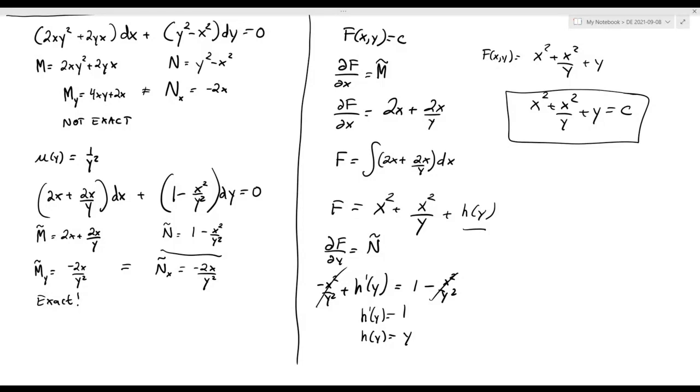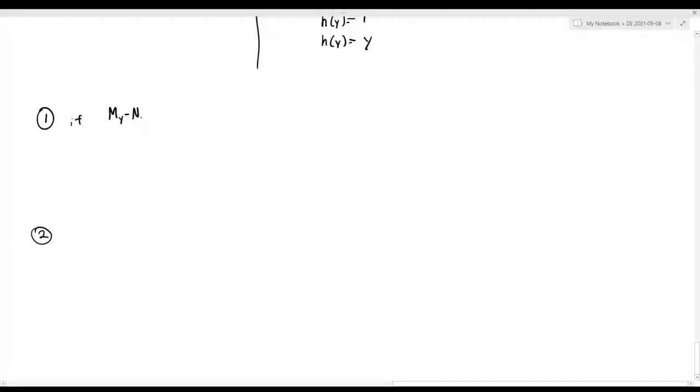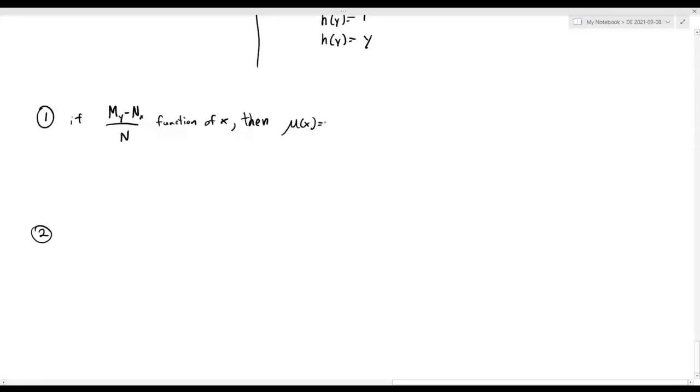Right, so remember that so far we said that it's not easy in general to find an integrating factor for a non-exact equation, but we have two special cases so far. If this expression is a function of x only, then we can find an integrating factor which is a function of x only according to this formula.